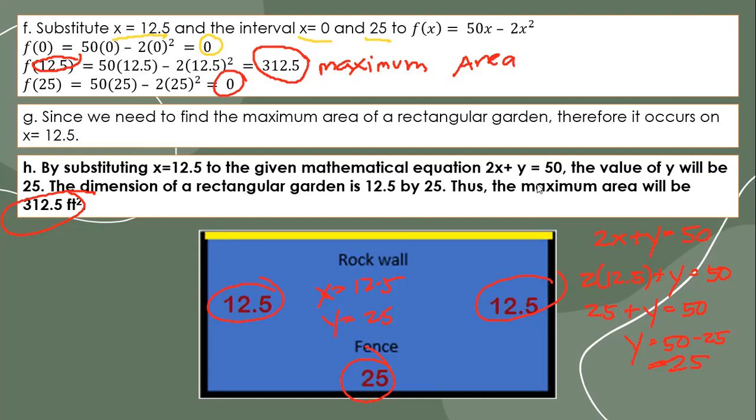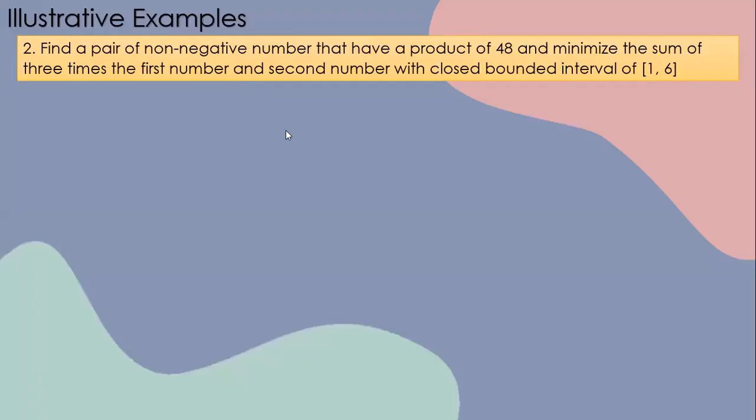So let's have another example. Find a pair of non-negative number that have a product of 48 and minimize the sum of 3 times the number and second number with closed bounded interval of 1 hanggang 6. So meron na tayong dalawang value ni x at y. Okay? For the first step, ano nga ba?